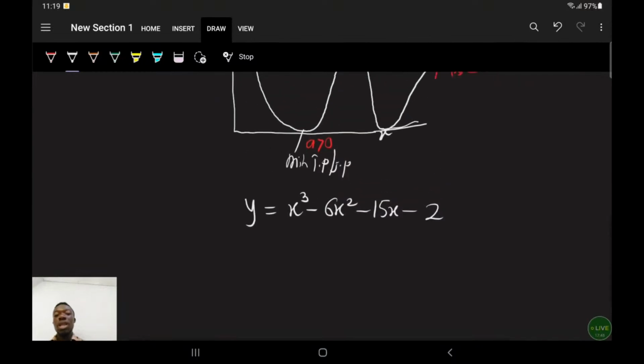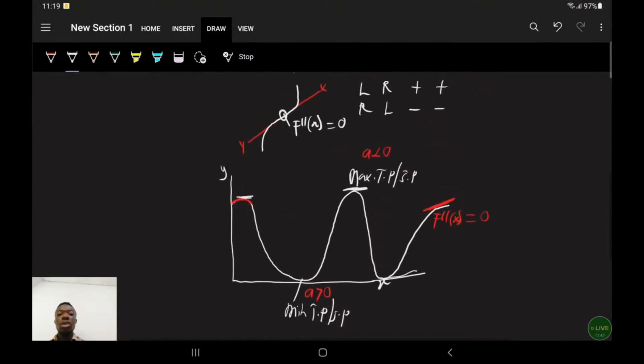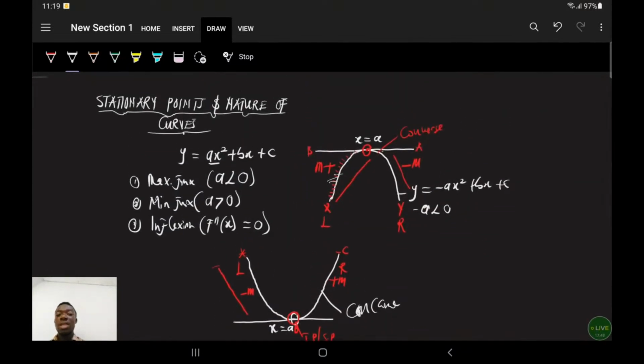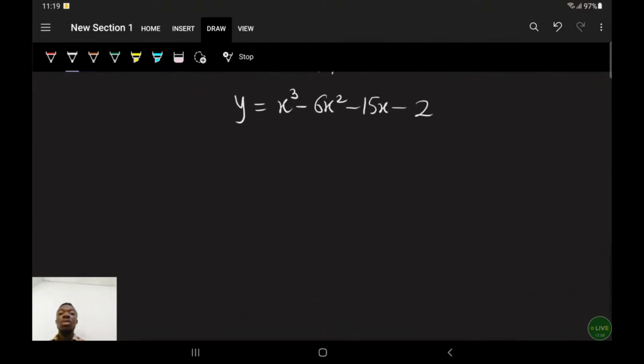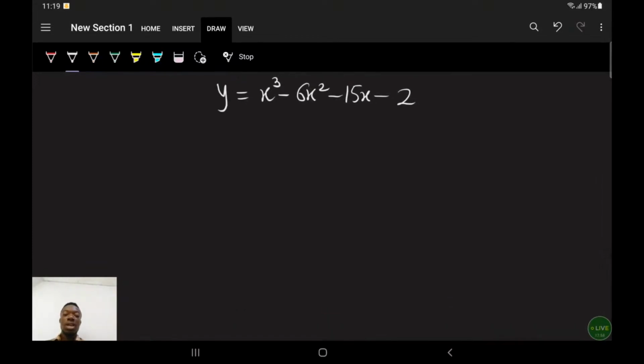What we did earlier was just to determine the nature of the curve, but now we're going to go through how we also determine the stationary points, or turning points, of these curves. So please stay here carefully with me so that we understand how we go through it.